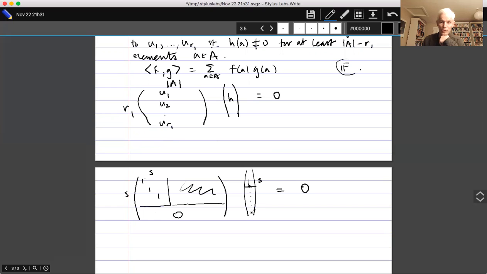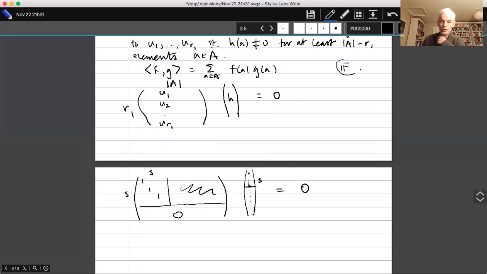I can choose all these as I like, and when I work out this matrix multiplication, I'll get some inner products of this bit of the vector with these bits of the rows here. Then if I want to make this 0, I'm forced to choose the remaining coordinates up here in such a way as to get 0. So I have no choice about how I choose the top few coordinates.